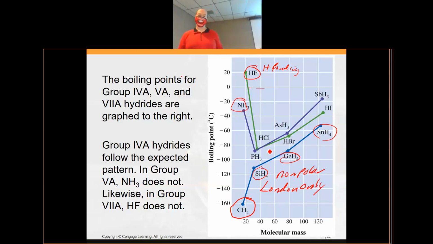Whereas your NH3, trigonal pyramidal, these are all polar, so up here they have both London and dipole-dipole. But in this column, these are all tetrahedral, perfectly symmetrical, non-polar molecules, and you're only looking at the London forces. And as you increase the mass, you increase your boiling point.